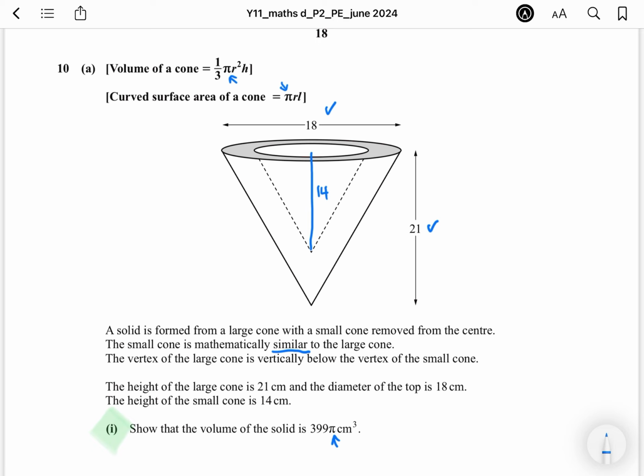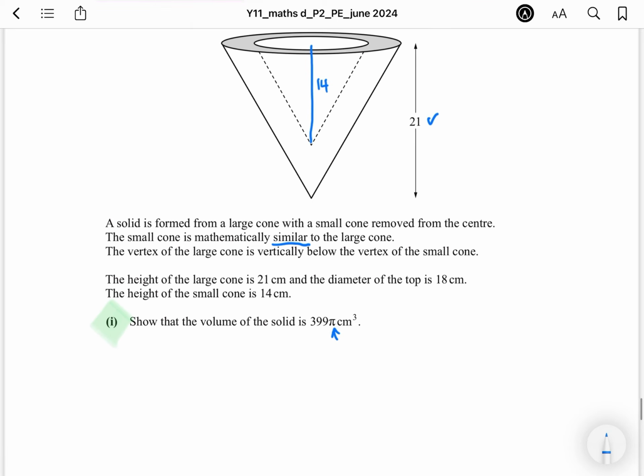Volume of the solid, that means volume of the shaded bigger solid minus the small solid.